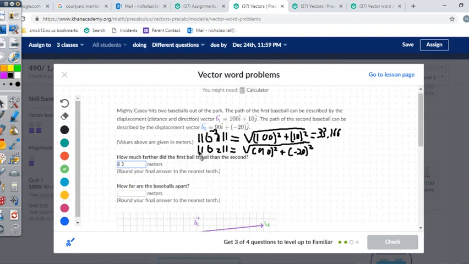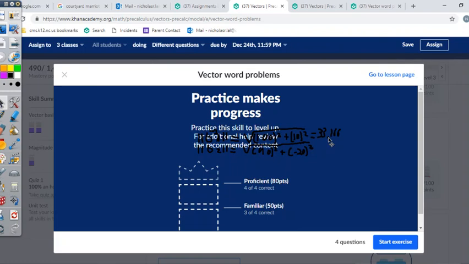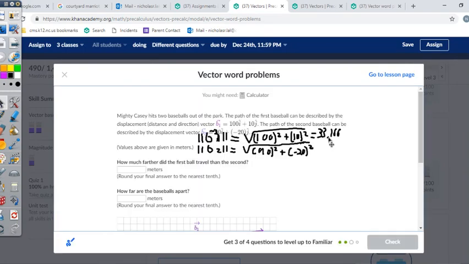So while I was having calculator issues there, if you can get it into your calculator, you can just find these values.